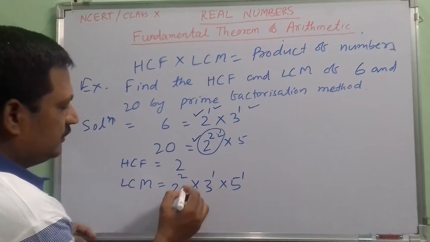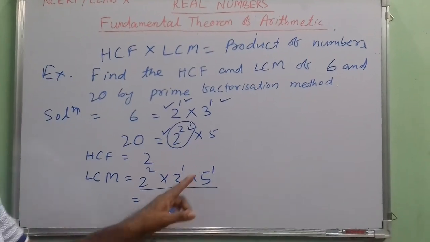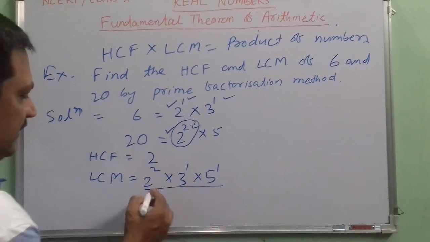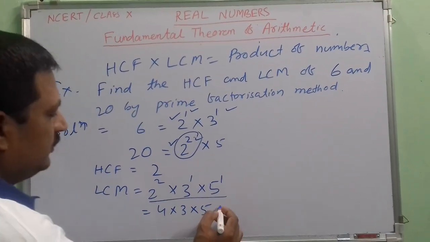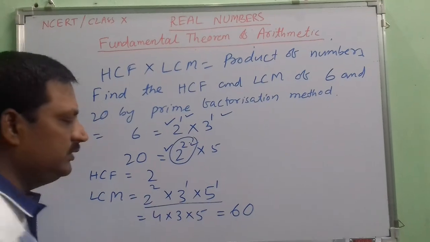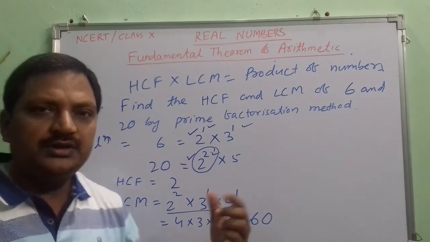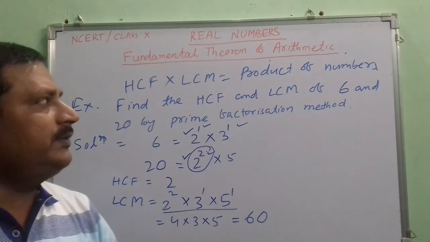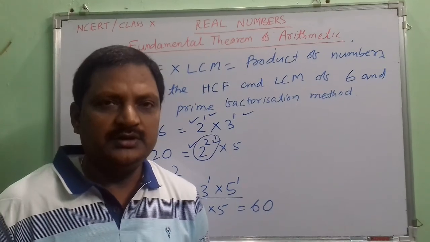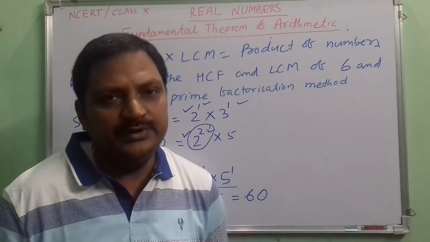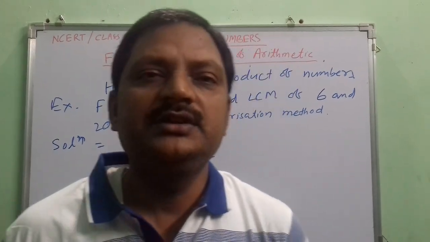So we have the LCM equal to 2 square into 3 to the power 1 into 5 to the power 1, that is equal to 4 into 3 into 5. So we have LCM equal to 60. So in this way we can use the fundamental theorem of arithmetic to find HCF and LCM of numbers. So thank you in this video, and in the next video we shall meet again with the solution of exercise 1.2.